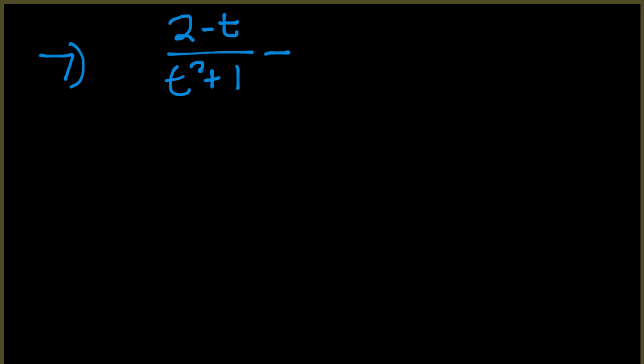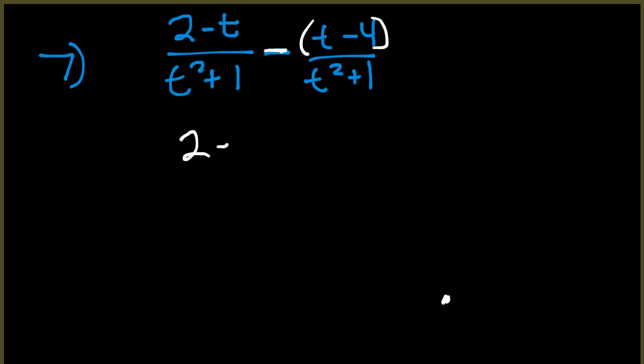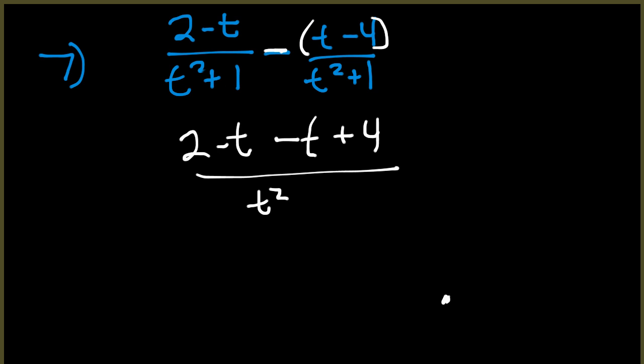Minus t minus 4 all over t squared plus 1. Now remember, this one's a common denominator, so all I'm really having to do is distribute that negative there. Okay, so I get my 2 minus t plus 4 all over t squared plus 1.